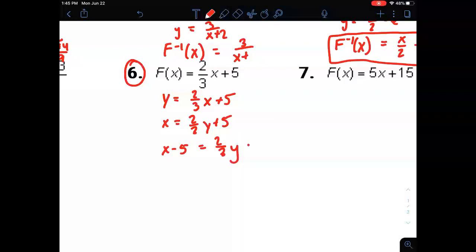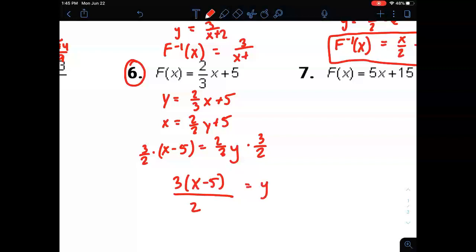Now again, to get rid of 2/3, you're going to multiply by the opposite of 2/3. So that would be 3/2, the inverse. So again, remember, it's the whole quantity. So you end up having 3 times x minus 5, divided by 2, is equal to y.